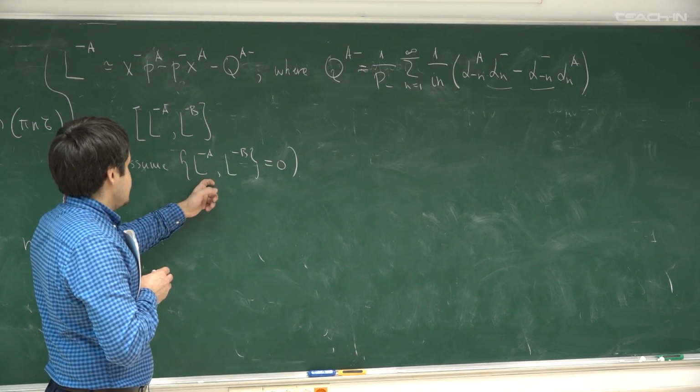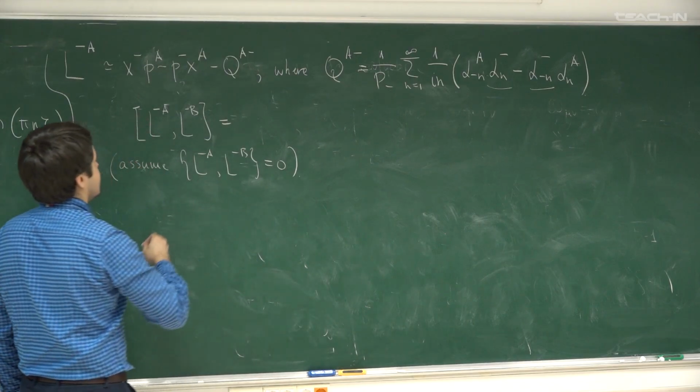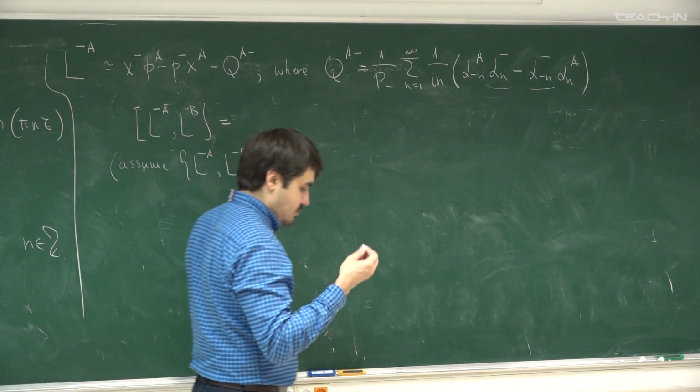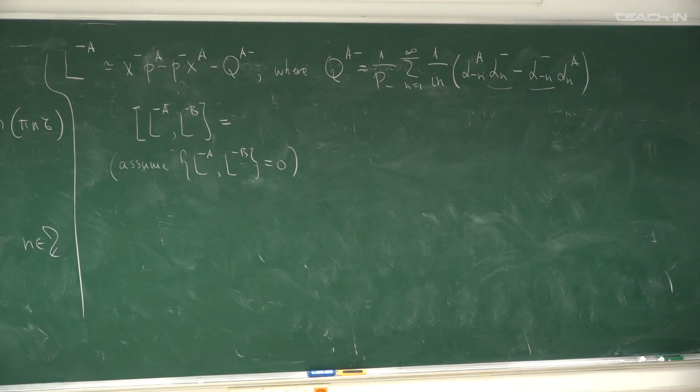So if it's 0 classically, then what happens quantum mechanically? When you compute the Poisson bracket of cubic guys, this will be exactly quartic, right?